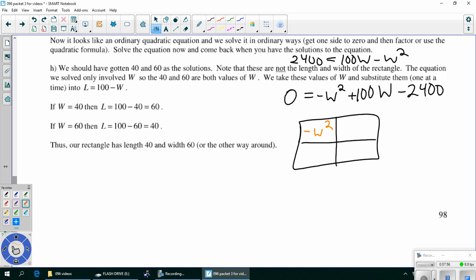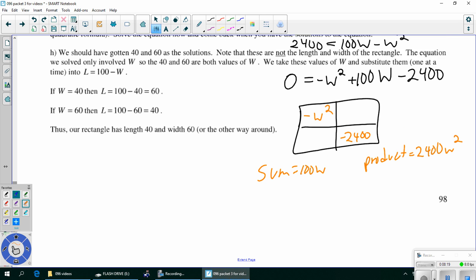With many details glossed over, but speed 2 by 2 box. Negative W squared, sum is 100W. Negative 2400 goes here. Product of that diagonal is positive 2400 W squared. And now the hard part, find two things that multiply to 2400 W squared and add up to 100W. There are a ton of factors of 2400.